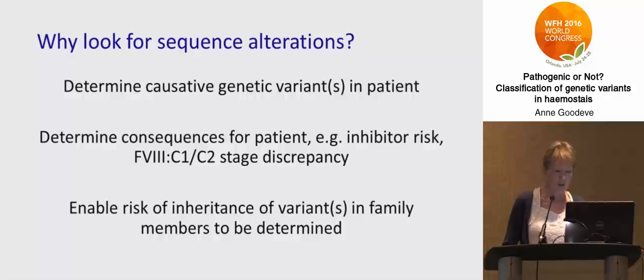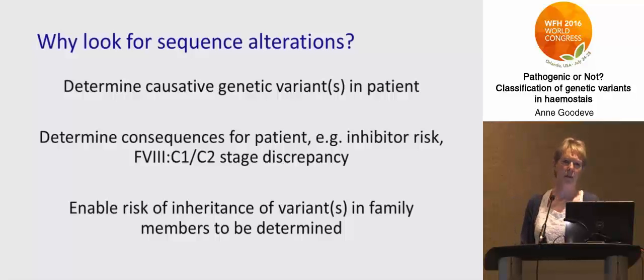So why would we want to look for sequence variants? To help determine the cause of the disorder in the patient, to determine any associated consequences of that variant, for example, risk of inhibitory antibody formation and phenotypes like the discrepancy between 1 and 2 stage assays in factor VIII.